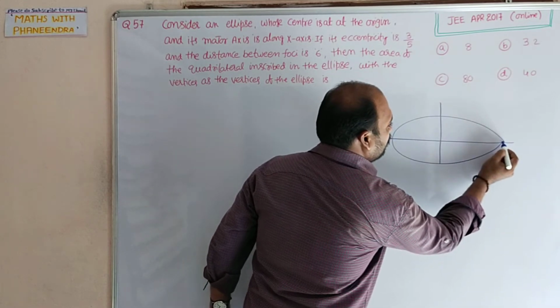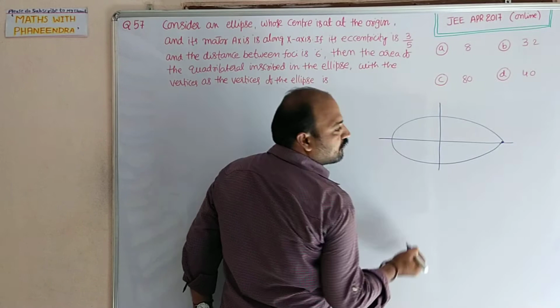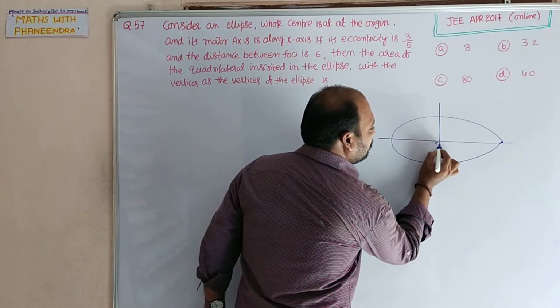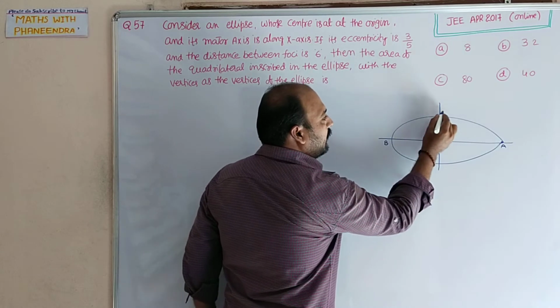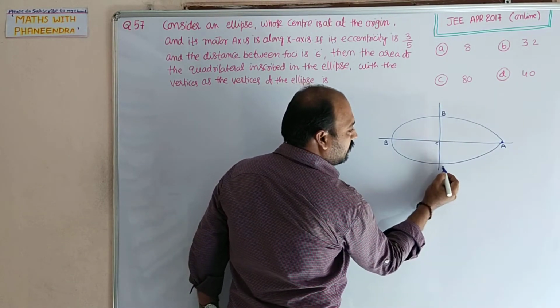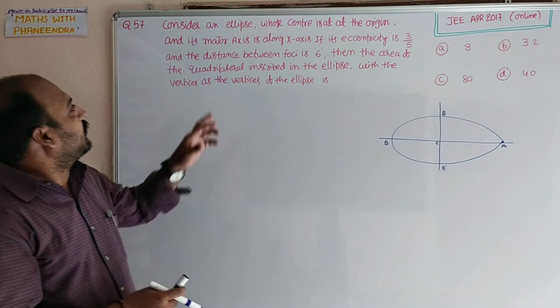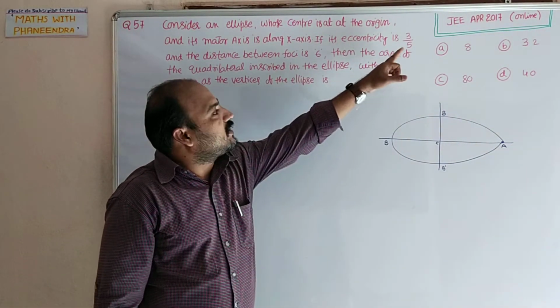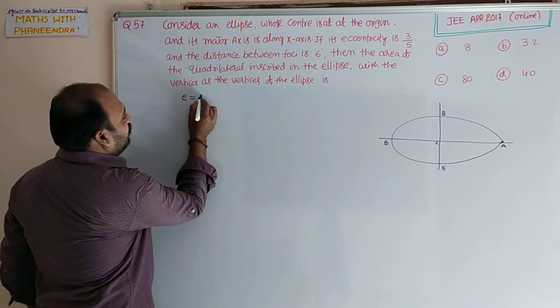This is the ellipse. Center, A dash, B dash. Here the eccentricity is 3 by 5, e is equal to 3 by 5.